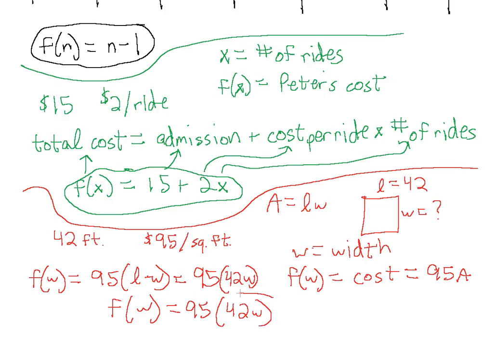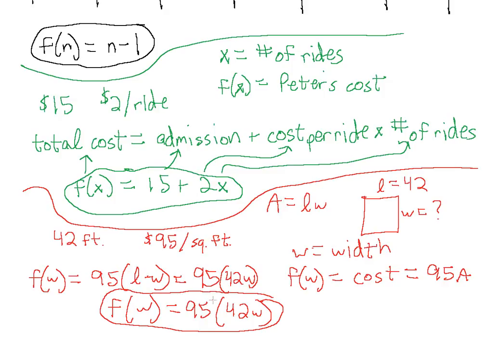And we're going to leave it like this, just so we can see the individual parts. We could multiply this out, but we want to see the individual parts because he's charging $95, so we don't want to lose that piece of information, just in case he thinks the contractor's charging too much and he wants to compare it to other contractors.